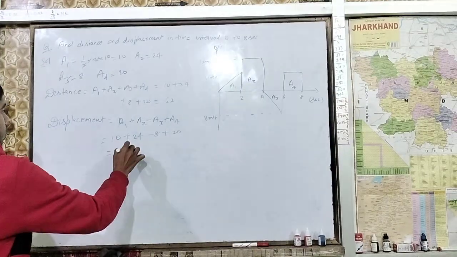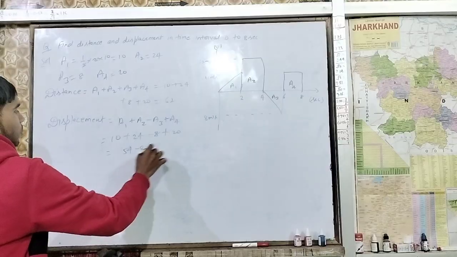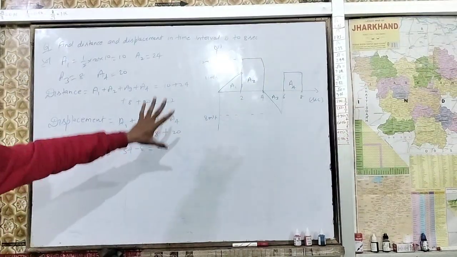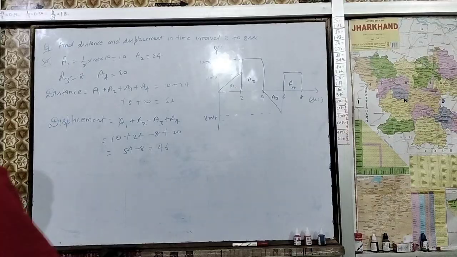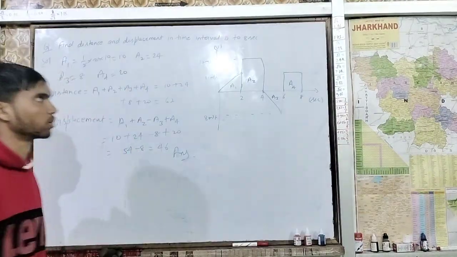So 34, 54, minus 8 will be 46. 46 is the displacement from this figure and 62 was the distance. That is how you will calculate. This is our final answer.